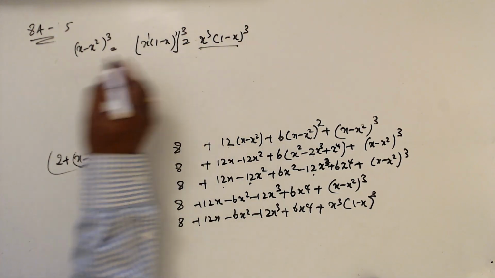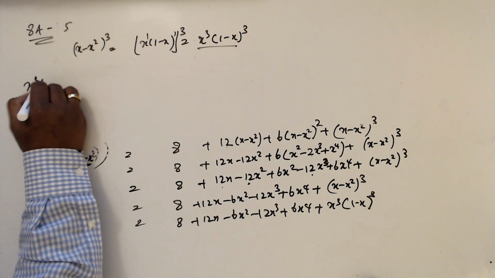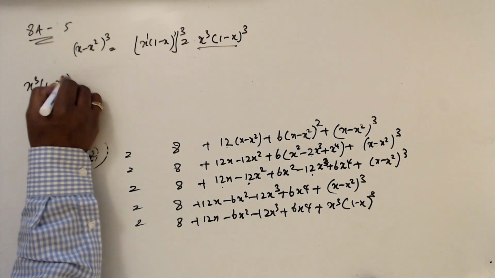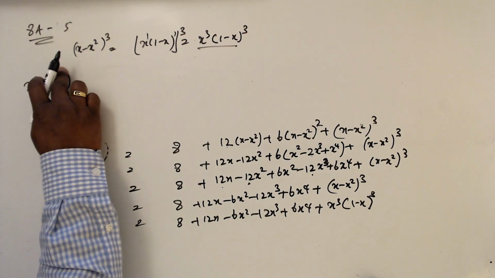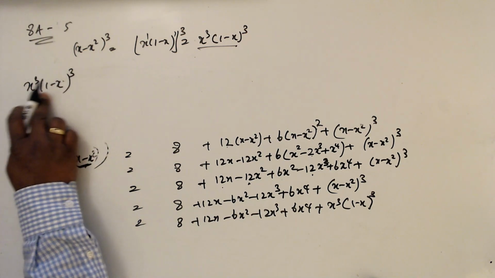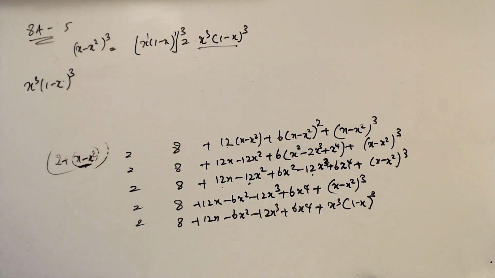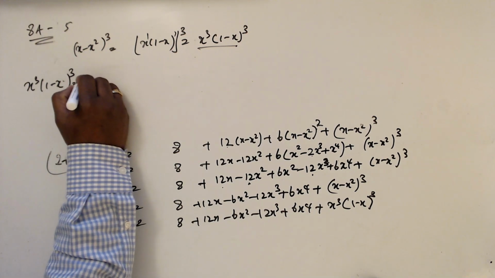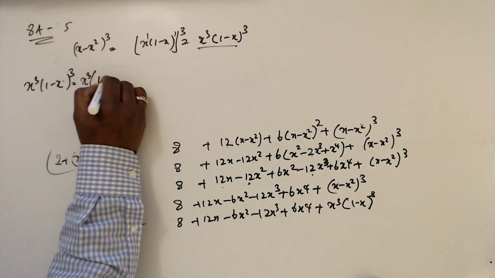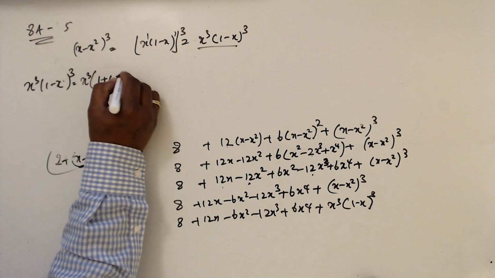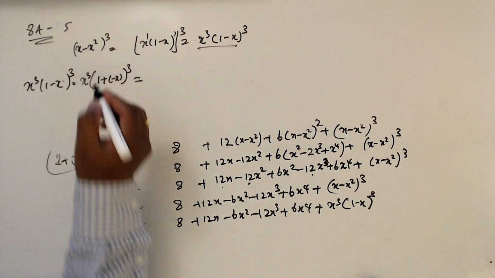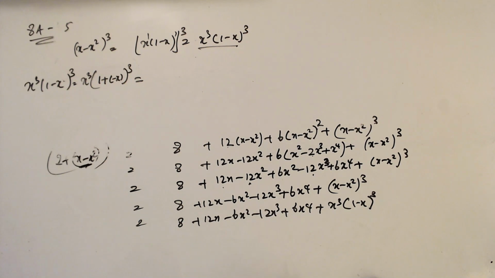I'm talking of this one, x cube (1 minus x) cube. I can't put the binomial expansion of this one because it is minus. Now I have to write x cube as it is, (1 plus minus x) cube. Now I can write the binomial expansion.